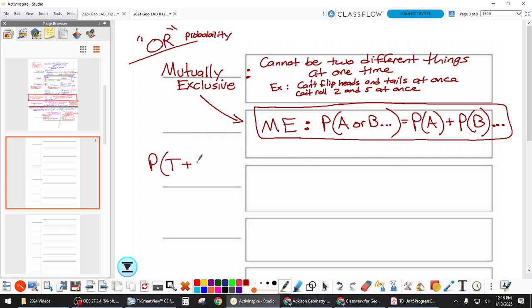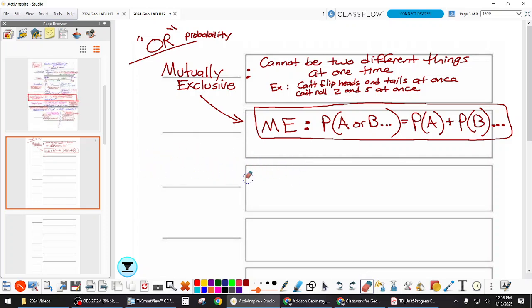Probability of tails or heads is what? It's 100%, right? It's either going to be heads or tails. So I would do 1 out of 2 plus 1 out of 2, which is 2 out of 2 or 100%. One of those is going to come up. I suppose you could argue it could land on the edge and balance there, but it won't, right? That's not really a thing.